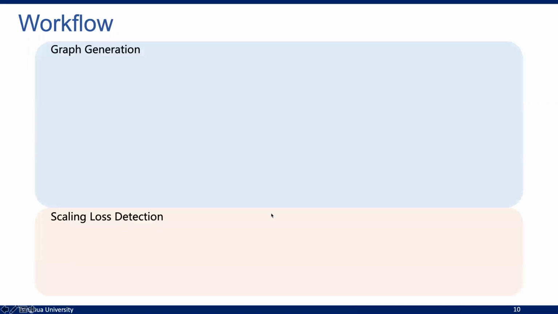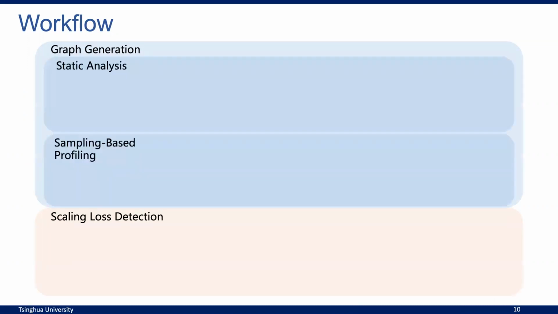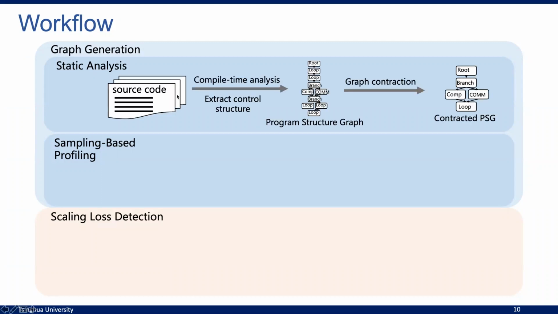This is the workflow of ScalAna. It consists of two modules, graph generation and scaling loss detection. In graph generation, there are two steps, static analysis and sampling-based profiling. First, static analysis builds a program structure graph based on source code.